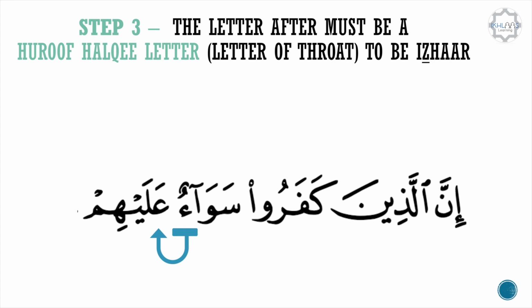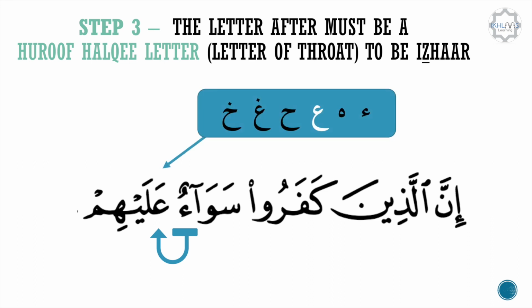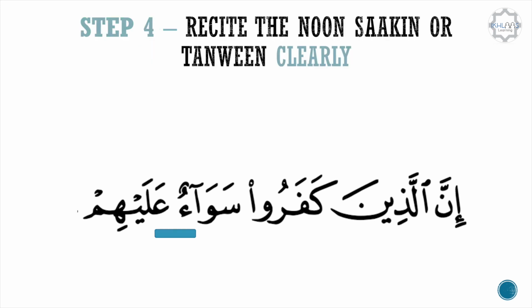Step 3. The letter after must be a HUROOF HALQEE letter to be Izhaar. So when we check, we can see that the letter Ain is the letter of the throat. Step 4. Recite the Noon Saakin or Tanween clearly. Therefore, we have to read the Hamza with the Dammatain clearly with no gunna.